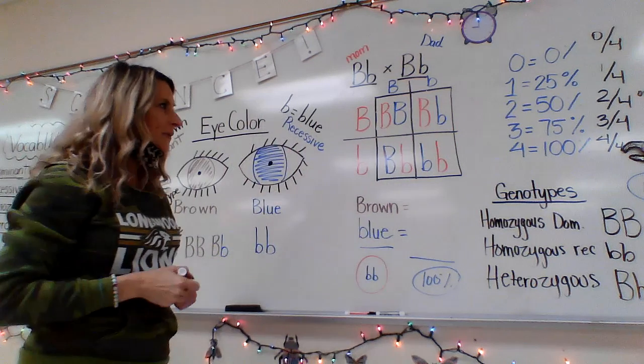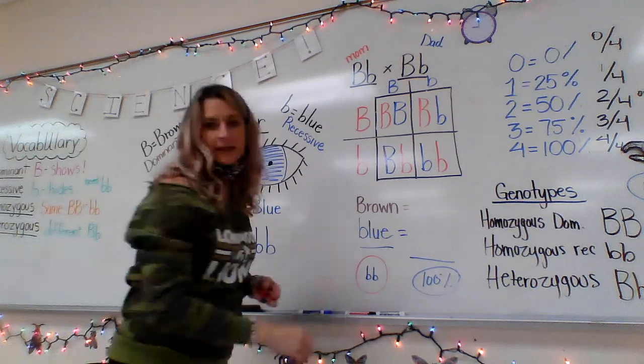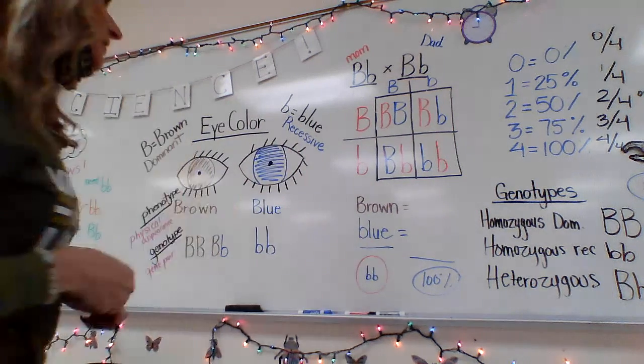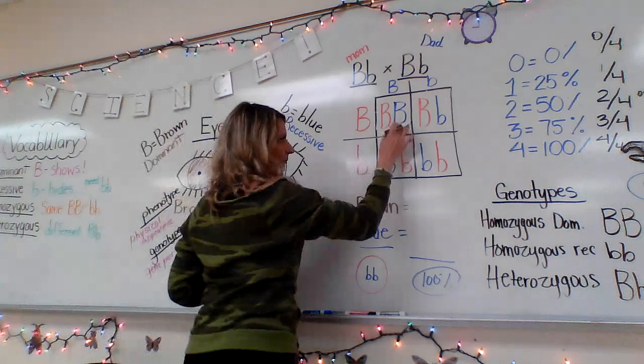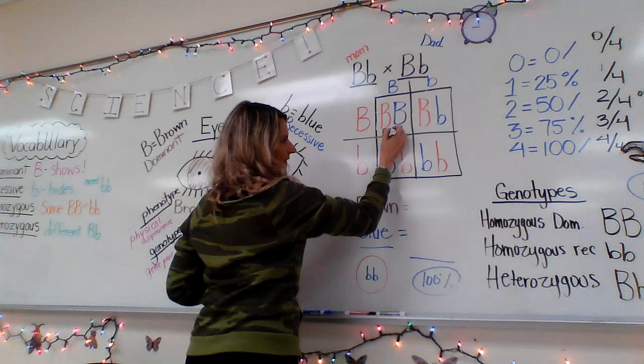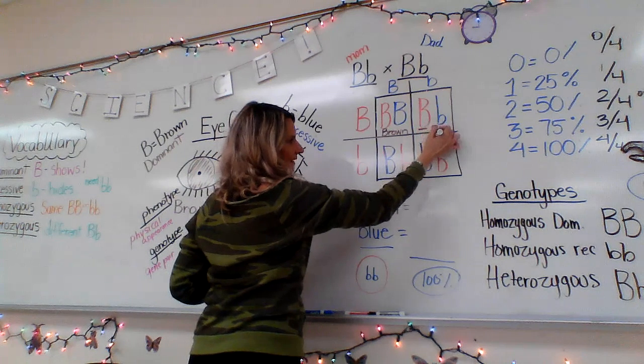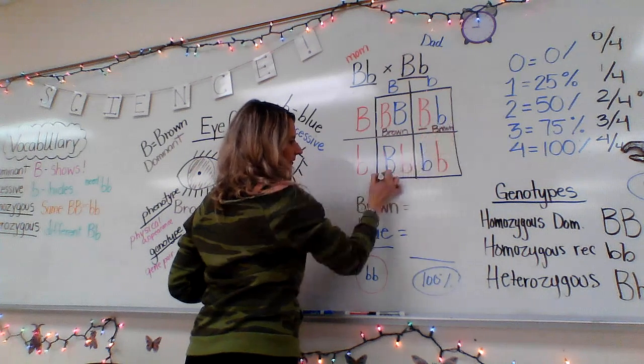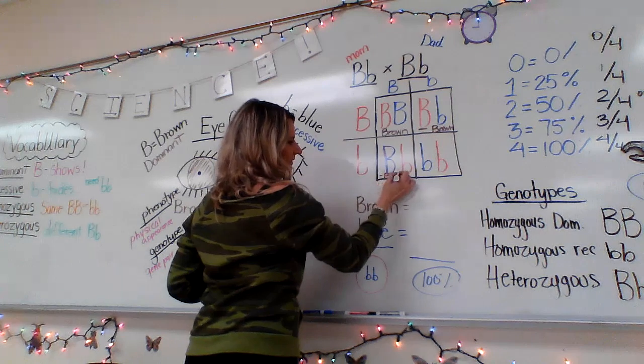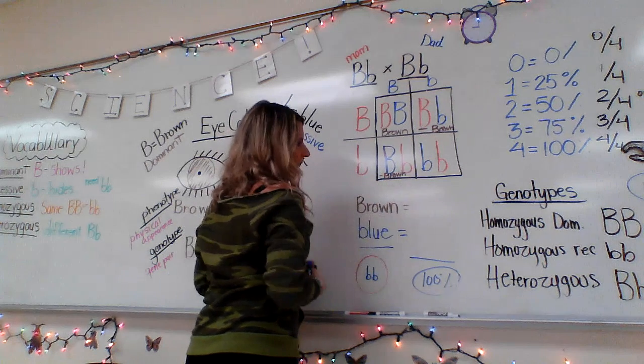Okay. How many of the children have brown eyes? Now I'm going to look at their phenotypes. Big B, big B. This one's going to be brown. It has 2 dominant. This one, all you need is 1. It's going to be brown. This one, brown. This one, blue.